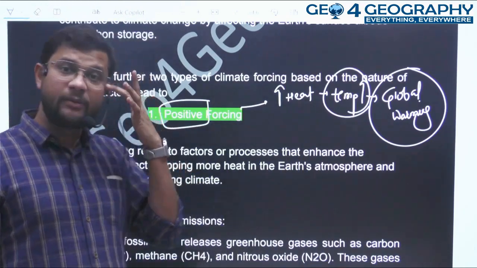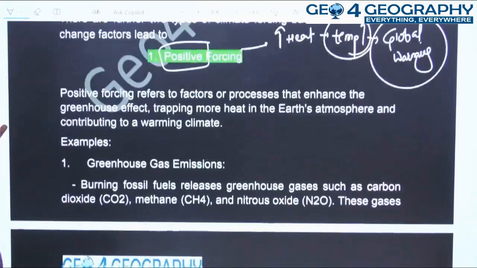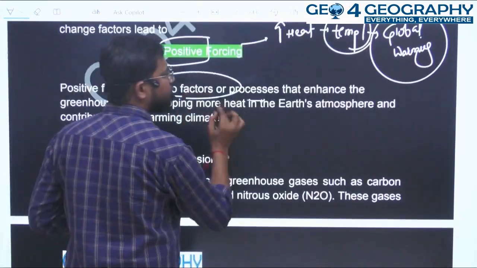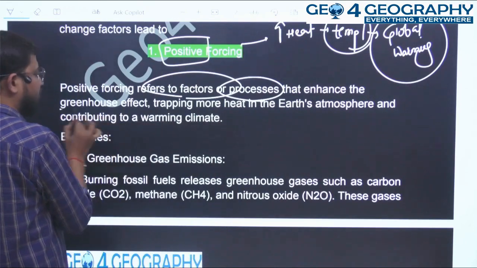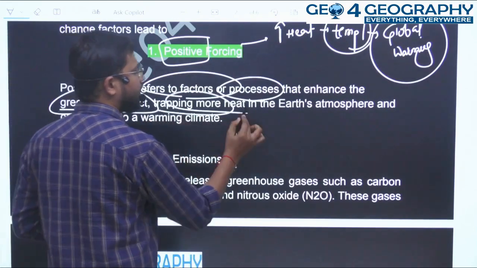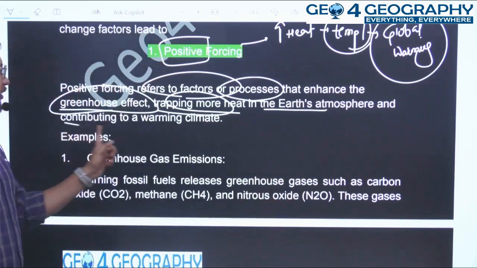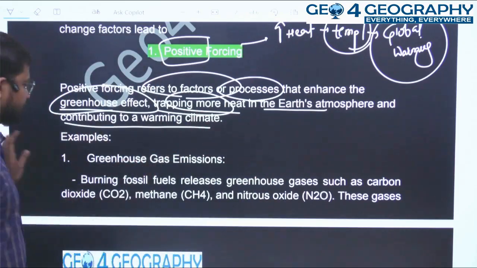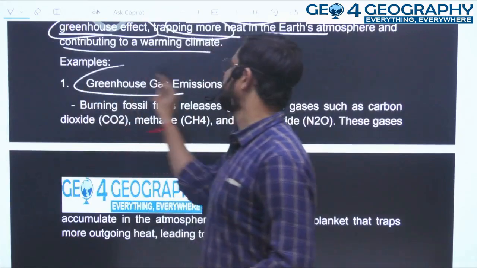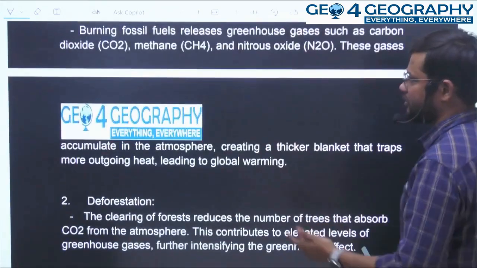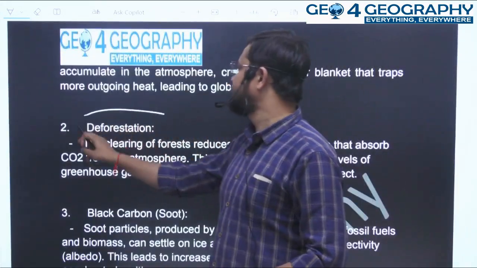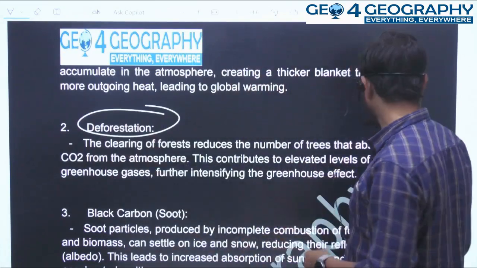A positive climate forcing, कौन से factors responsible हो गए? See, it refers to factors or processes that enhance the greenhouse effect, trapping more heat in the Earth's atmosphere and contributing to the warming climate. Then example देखो, greenhouse gas emission, you guys are pretty much aware about this thing. Then deforestation, that is equally leading to rise in temperature.